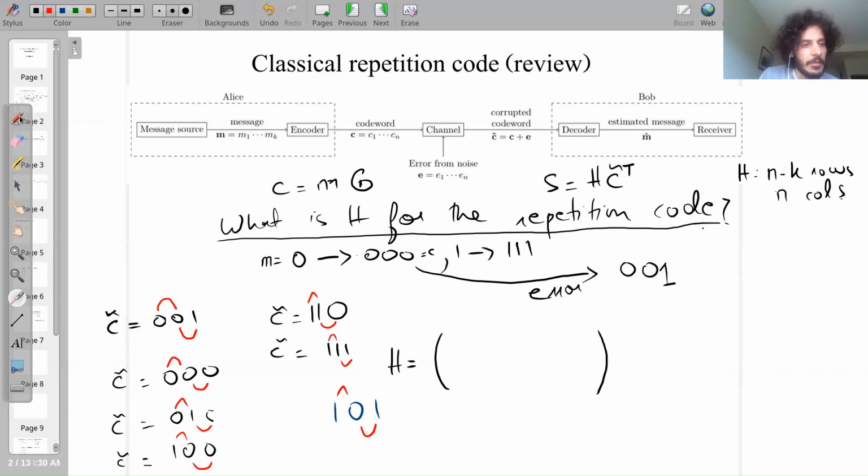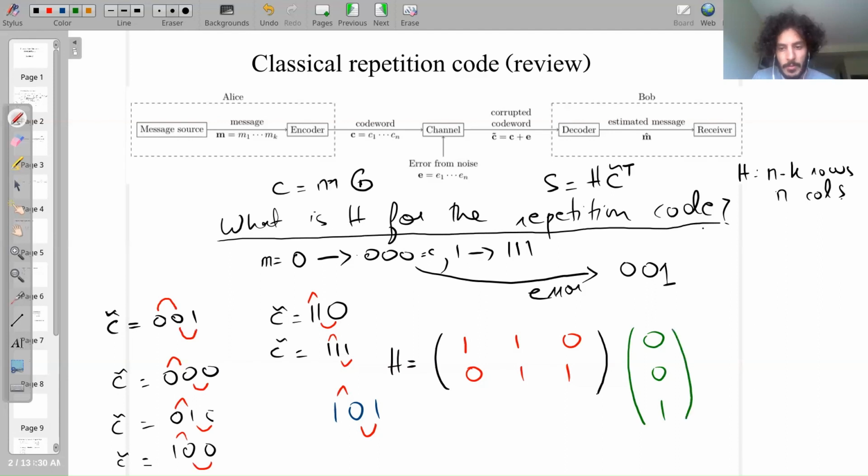So the way that we can actually write that down is we can say that I want 1, 1, 0, and 0, 1, 1 as my columns, right? So now you can see, for instance, that if I multiply it with this guy 0, 0, 1, I will get 1 into 0, 1 into 0, 0 into 0.